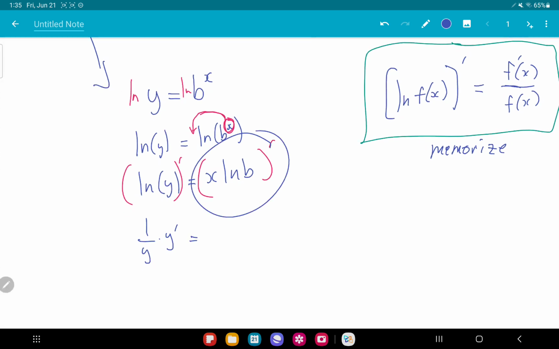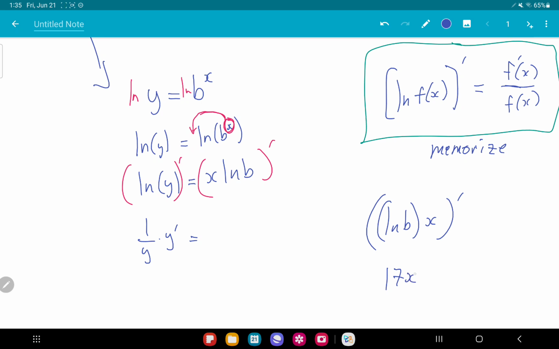On the right-hand side, we have something pretty straightforward. You have just ln of b, which is a number, times x. If you had like 17x, the derivative is just 17, right? So for the same reason, the derivative of this guy is just ln b.